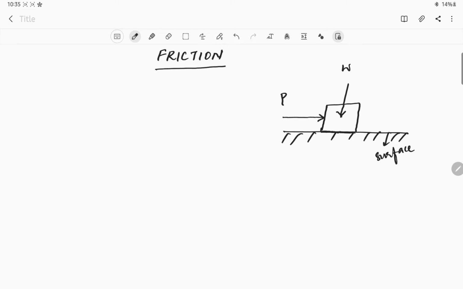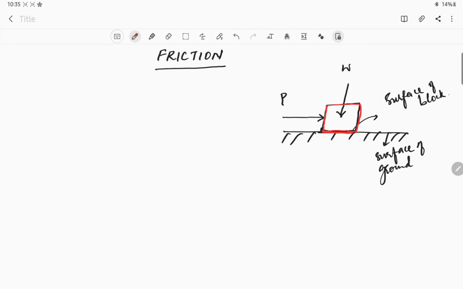This is my surface of ground, and again we have the surface of the block. These are the two interfaces. At this location we have two parts: one is this block, and the other is the ground surface.